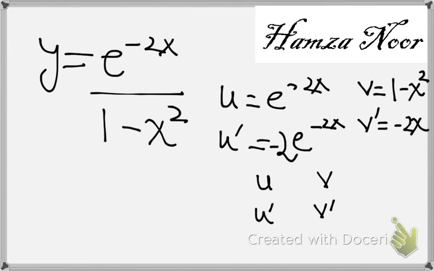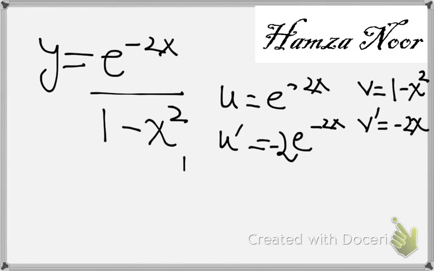Even if you are asked to apply the product rule, you write it in the same sequence. So the sequence goes like this: vu dash minus uv dash over v squared. Okay, so that was a pro tip by Hamza Noor. Let's continue.